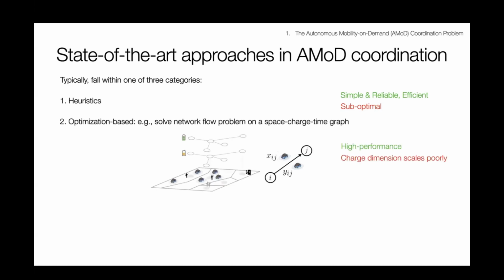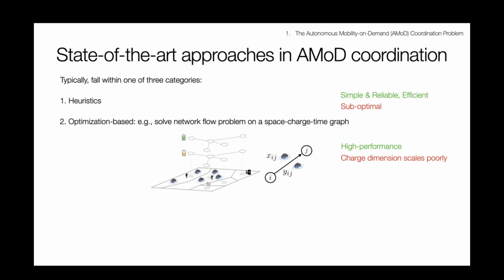A second class of methods is optimization-based methods. For example, approaches that attempt to solve a network flow problem over a space, charge, time graph, whereby we could map a transportation network into a graph, where nodes represent areas in the region, and the edges the connectivity between these areas.